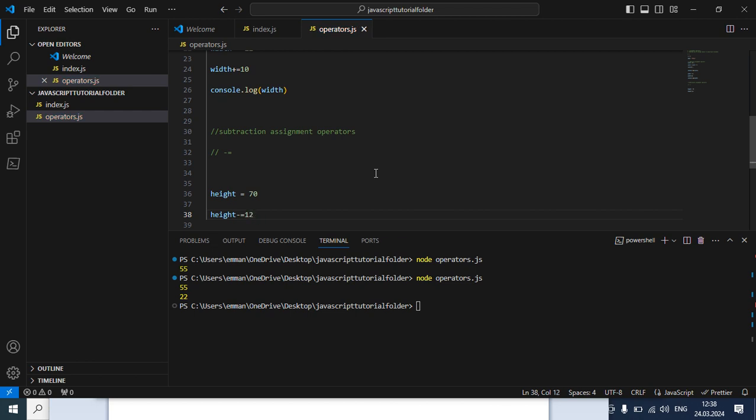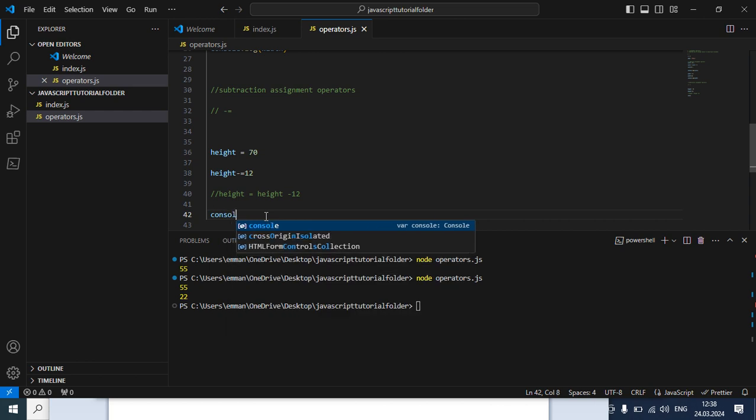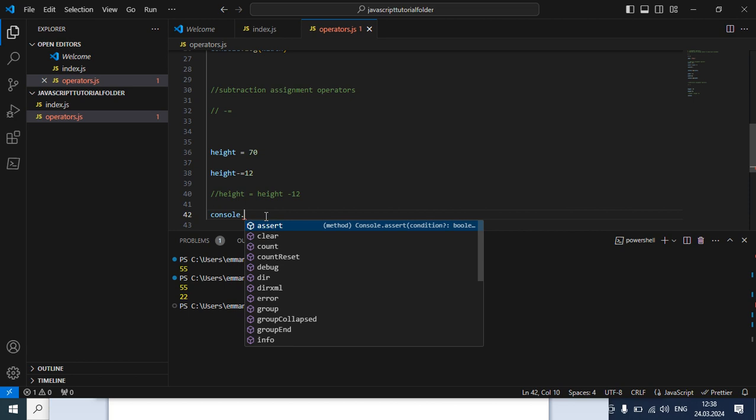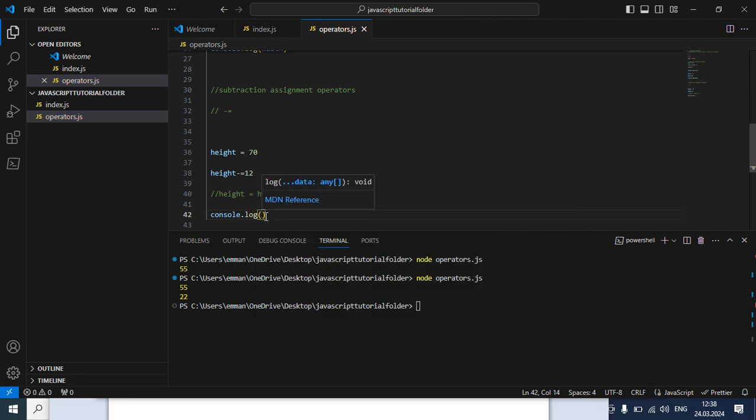What it does is take the current value of height and subtract 12 from it. It's the same thing as saying height equals to height minus 12. So let's console.log height.